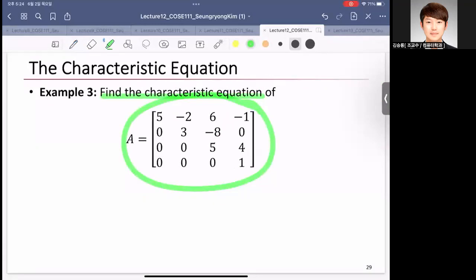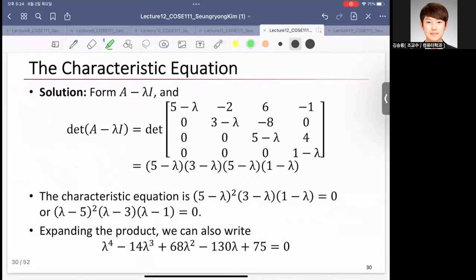Then by solving the characteristic equation, you're going to achieve the eigenvalues. So for A minus lambda I, right? This is A minus lambda I, and the determinant of A minus lambda I is going to be the determinant of this matrix.